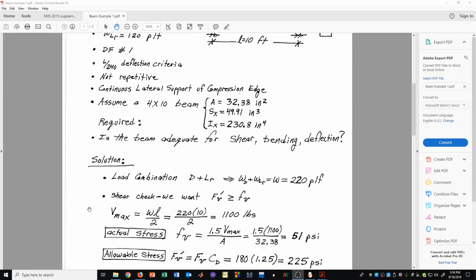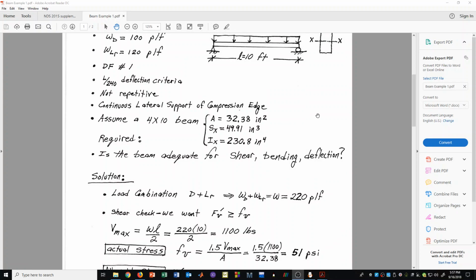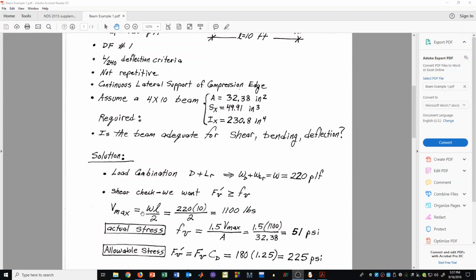In order to do that, we first need to find the maximum shear in the cross section of the beam. In this case, for a simply supported beam, we have that V max is going to be equal to WL over 2. And so if we calculate that, 220 times 10 over 2 is 1,100 pounds.